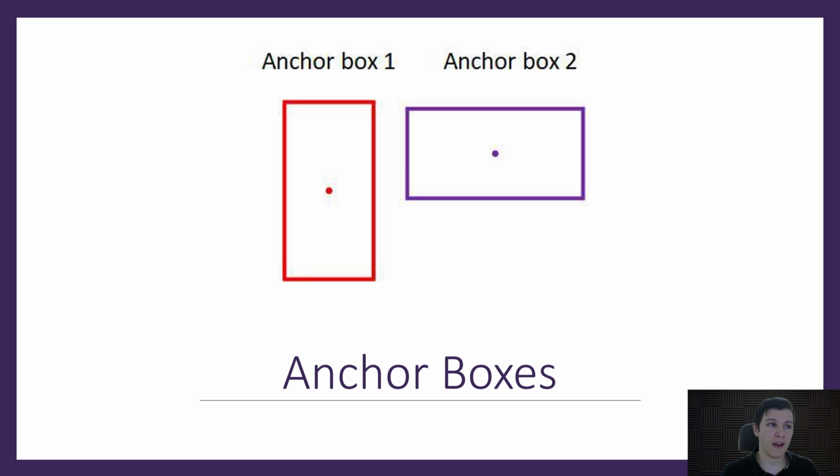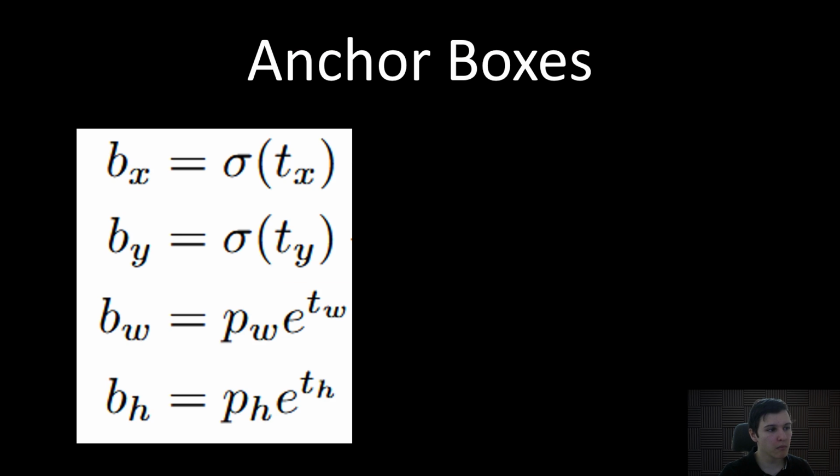All right, so we have those anchor boxes, and we know that we have this previously encoded knowledge in them. So how do we actually produce our predictions? The formula is that we have an output. Let's start with bx. That's the x midpoint, which is relative to the cell again.